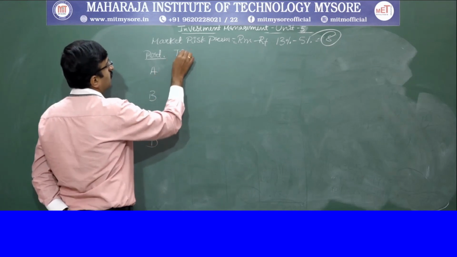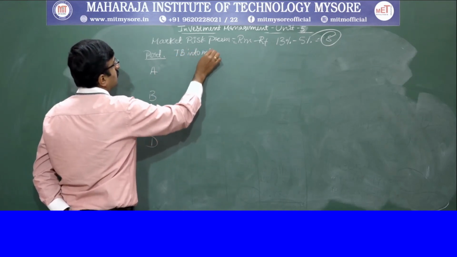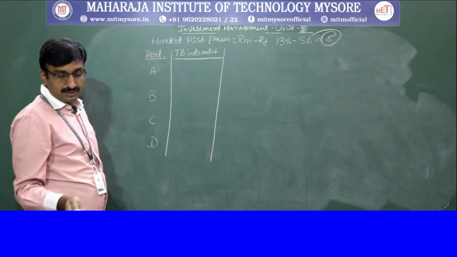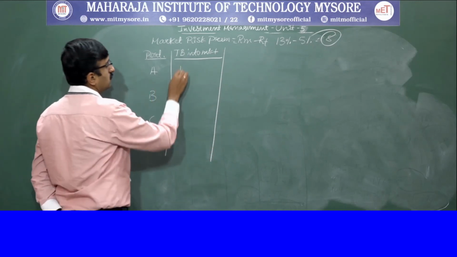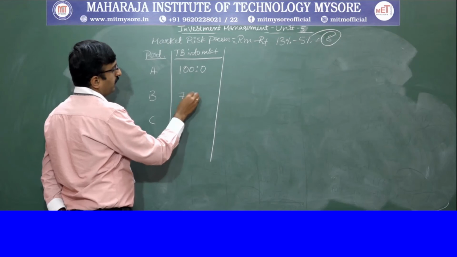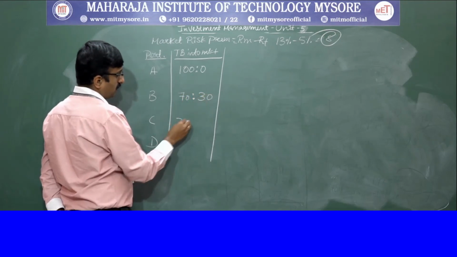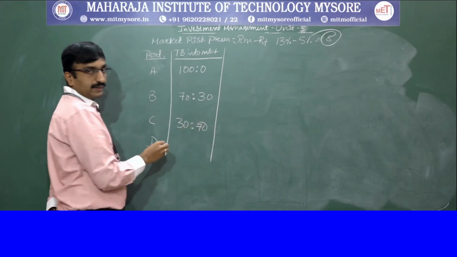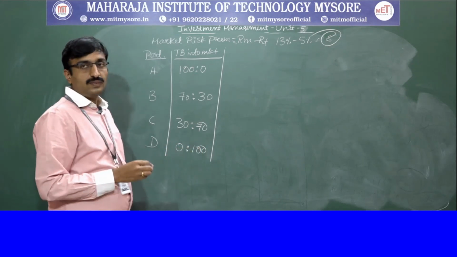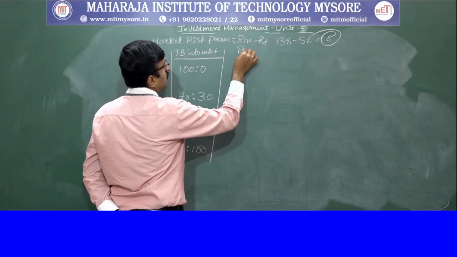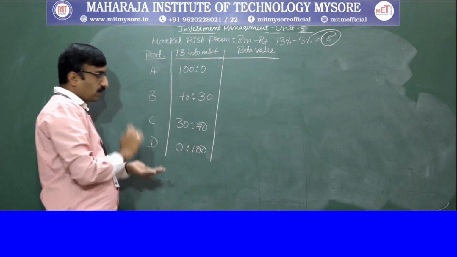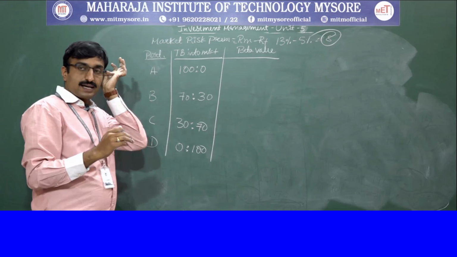Then, treasury bills to market proportionate values: 100 to 0, next 70 to 30, next 30 to 70, and next 0 to 100. Now find the beta value from 0 to 1, where 100 is considered as 1.